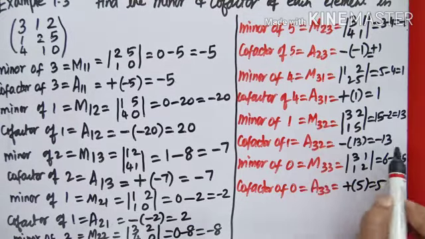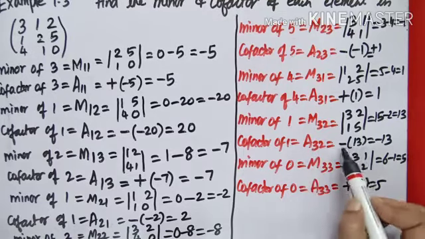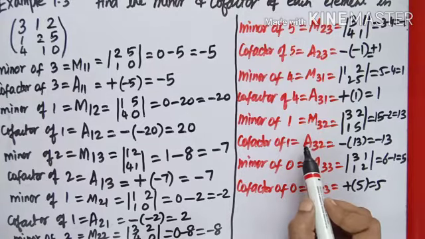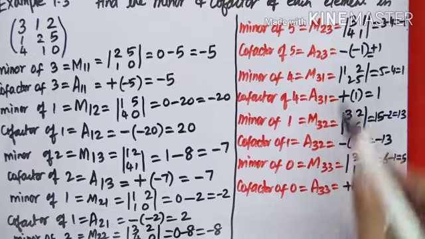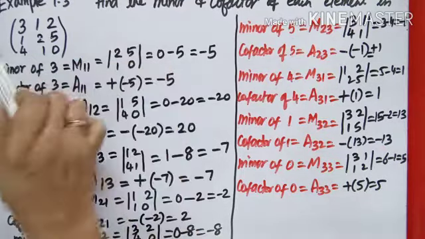A32 is 3 plus 2, 5. An odd number gives me the minus symbol. A33. So cofactor we denote with capital A and minor we denote with capital M. These subscripts 2, 3, 3, 1, 3, 2 and all tell me which row and which column.